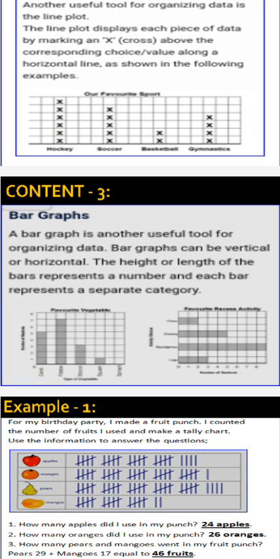Now going to content 3, bar graphs. A bar graph is another useful tool for organizing data. Bar graphs can be vertical or horizontal. The height or length of the bars represents a number, and each bar represents a separate category. You can see the bars down there.